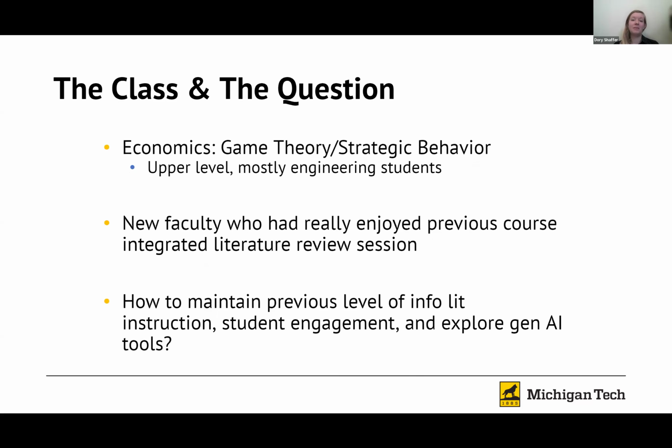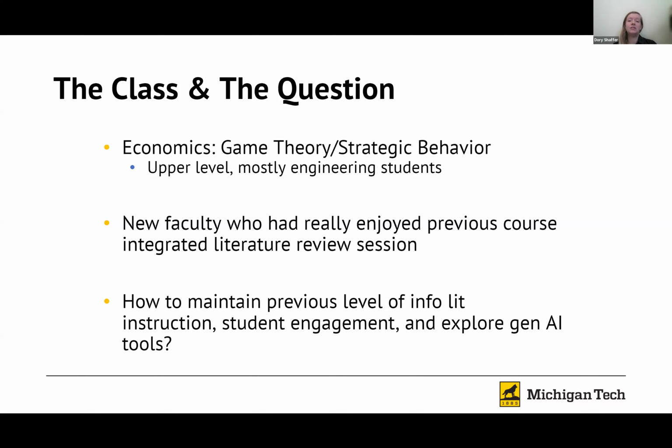So the class in question is an economics, game theory, and strategic behavior class for upper level students. It was mostly engineering students, but there were also a few economics, business, and computer science students, and it was a really fun opportunity to work with students who already are digging into this stuff and know a lot already.